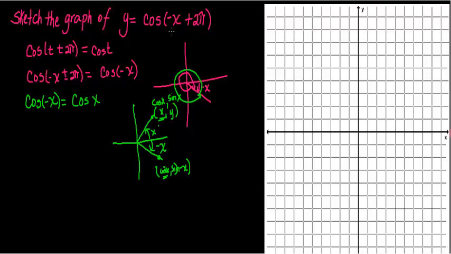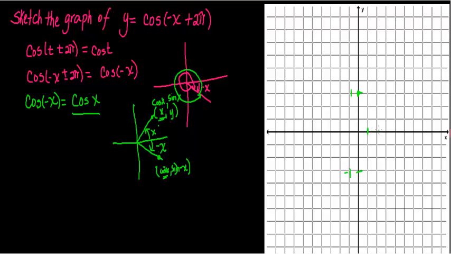So from sketching this big function here, I've reduced this down to just sketching the cosine of x. And that you should be able to do. Let's say this is 1 here, and let's say this is negative 1 here. And we know the cosine starts at 0, 1.